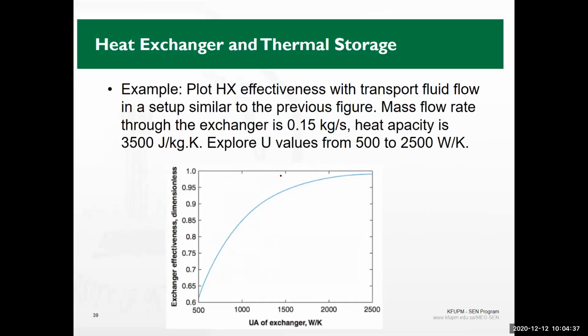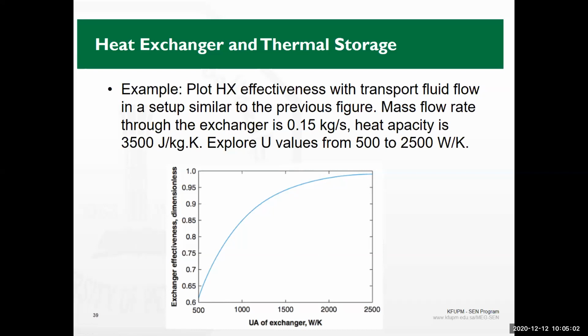When we plot it, how does it look? It's an exponential relation. We have the effectiveness on one axis and the UA value on the other axis, and what you get is an exponential increase in effectiveness, a big increase, and as the UA value increases, you reach an asymptote.